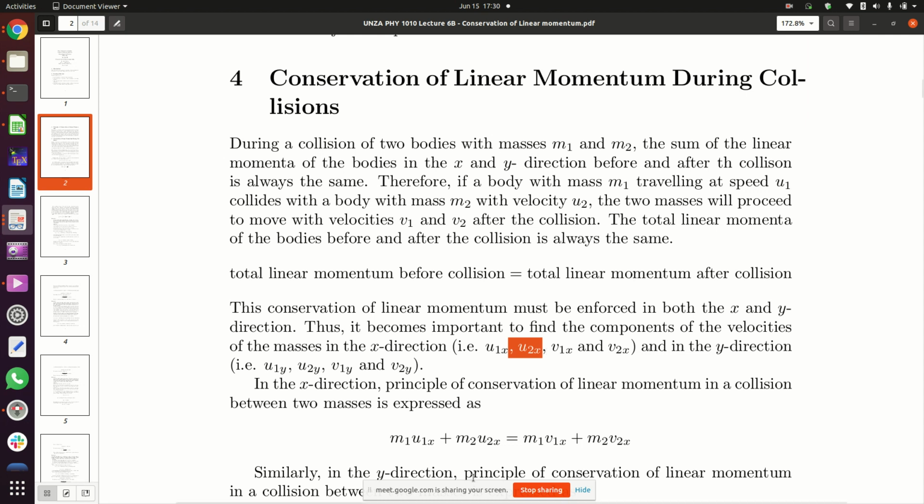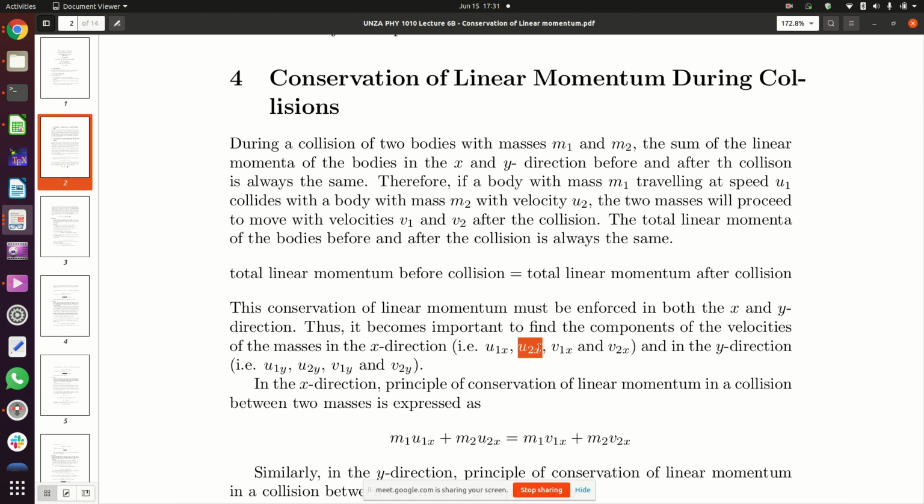You also need to know what is the velocity of the first object after collision along the x direction, which is v1x. You need to know what is the velocity of the second object after collision along the x direction, which is v2x. You will realize that u1x, u2x are just the x components of the velocity.